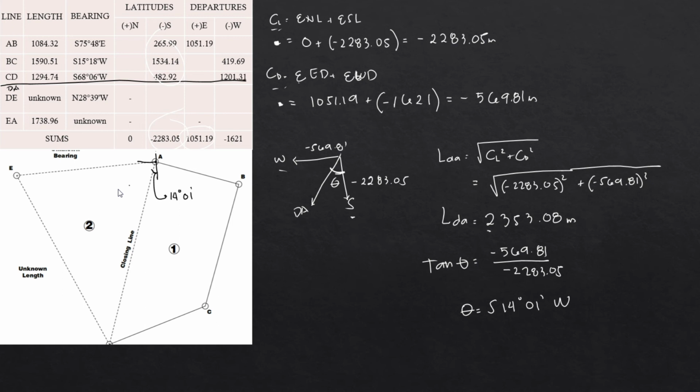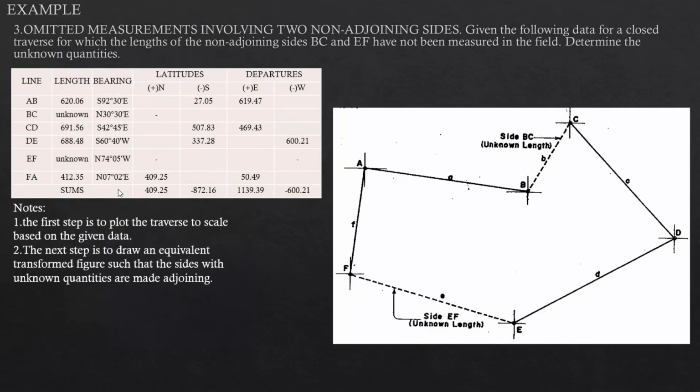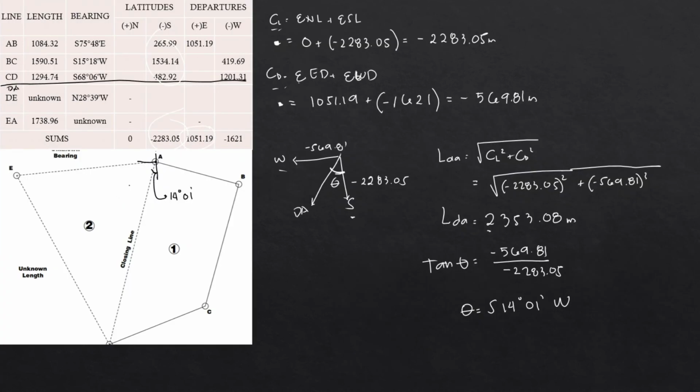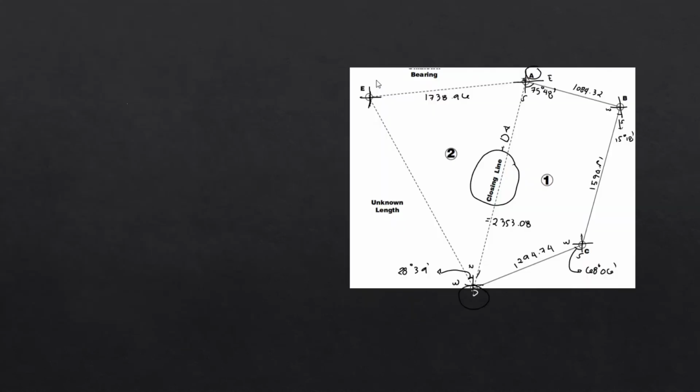Okay, nakuha na natin. Ngayon, pwede na natin magamit yung mga nakuha nating values sa pag-solve ng unknowns. Ito na lang siya, yung triangle na yan. Okay, yan. So, meron na tayong value ng DA, which is equal to 2,353.08.